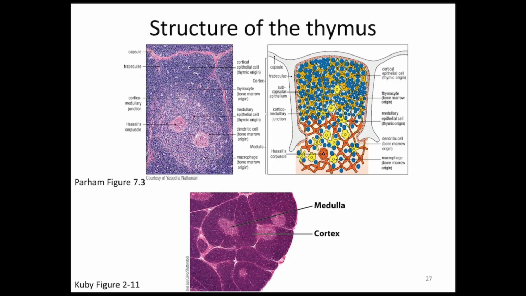So if you were to guess, and you can actually see it in these pictures pretty well, especially if you look at the top microscopy image or the cartoon. What seems to be the difference between these two areas? Yeah, Roxy. I mean, it kind of looks like there's a little membrane around the cortex, and there's a thin line that goes to the medulla, that's the light pink color.